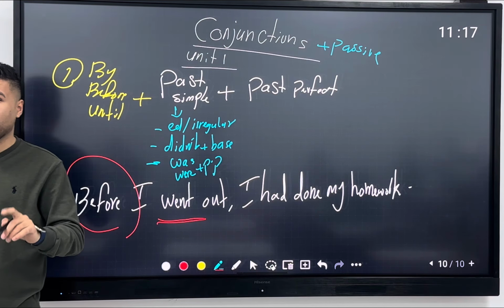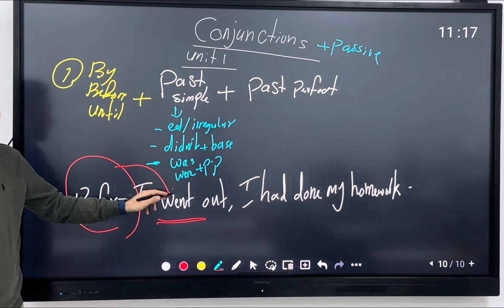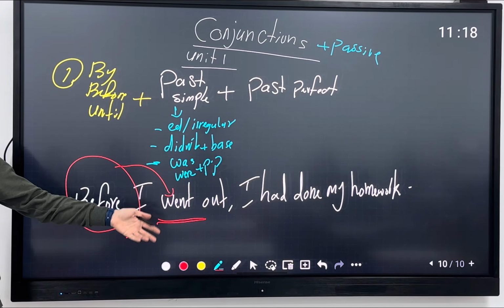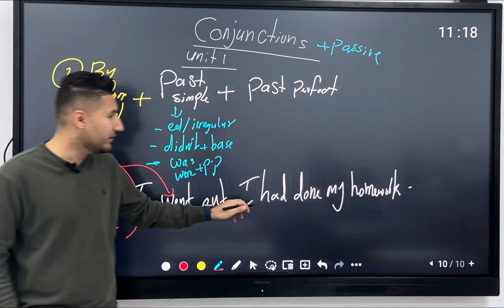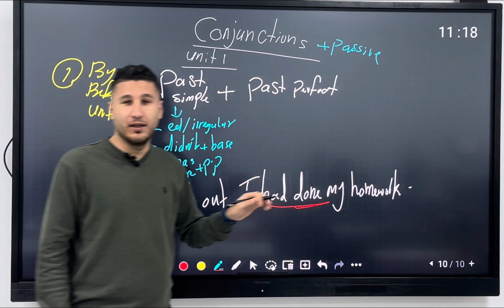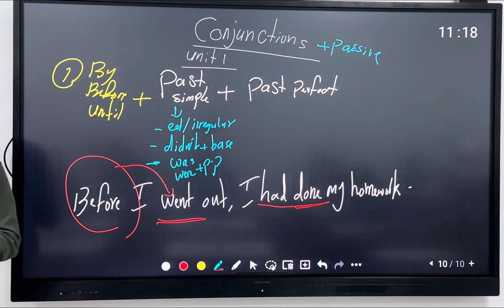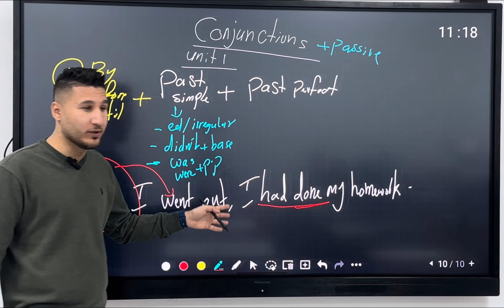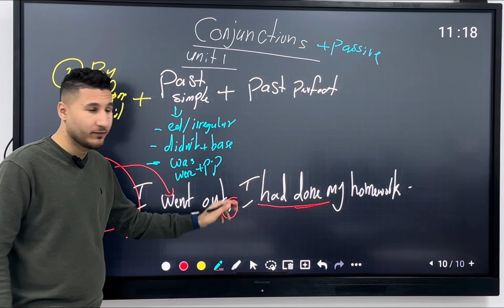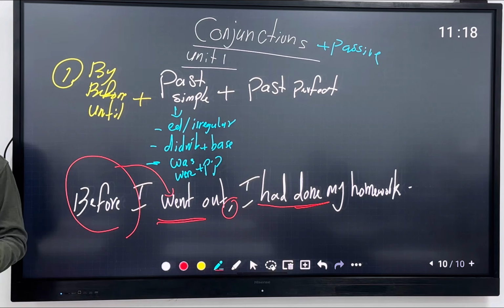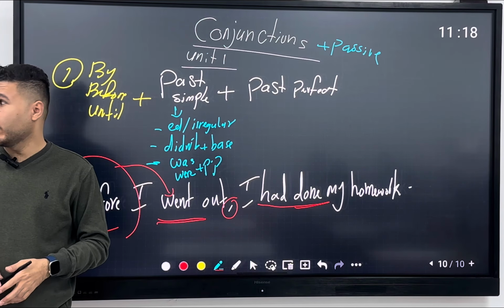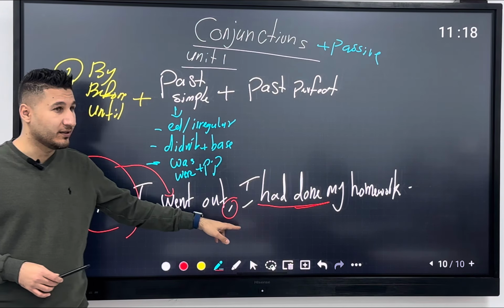Before is in group 1, and it's followed by, what's the tense? Past simple, right? And what's the tense of the second sentence? Past perfect. So we can also use before and the conjunctions in the middle. If we use it in the middle, we don't need this comma.